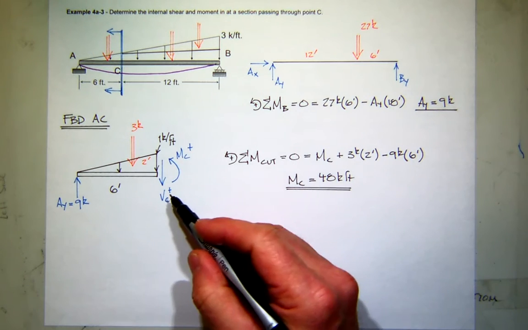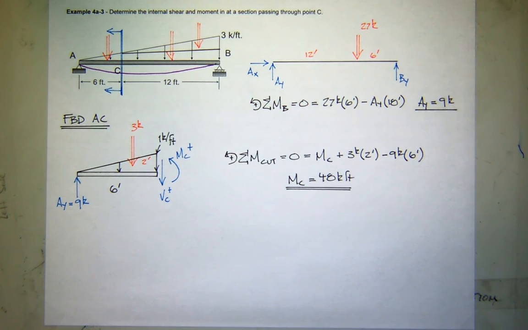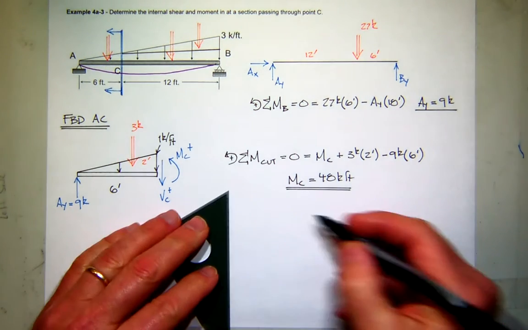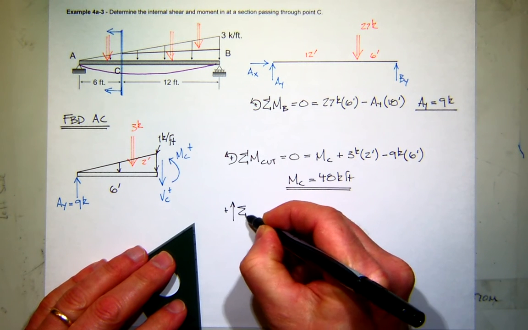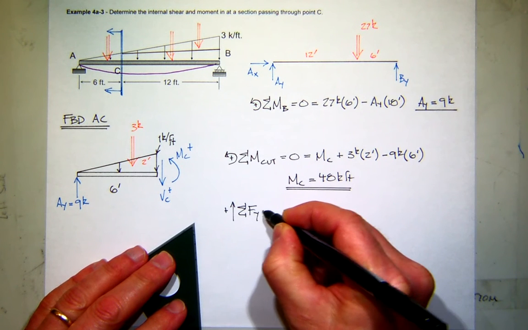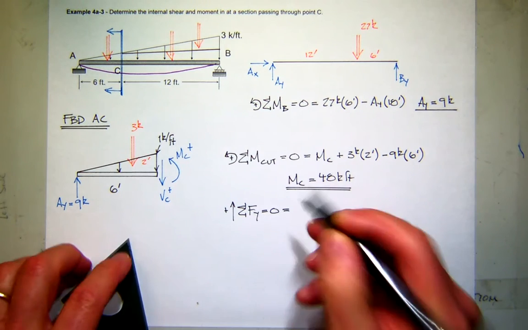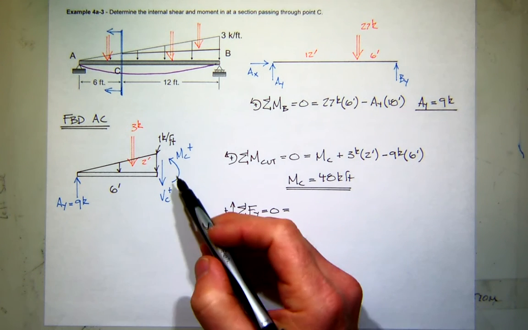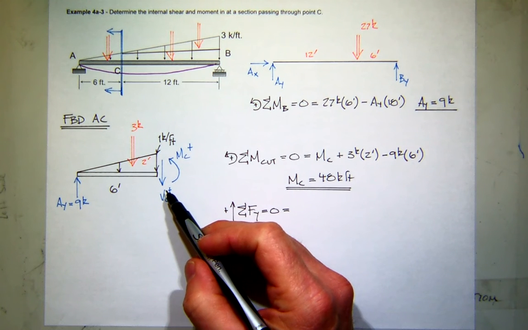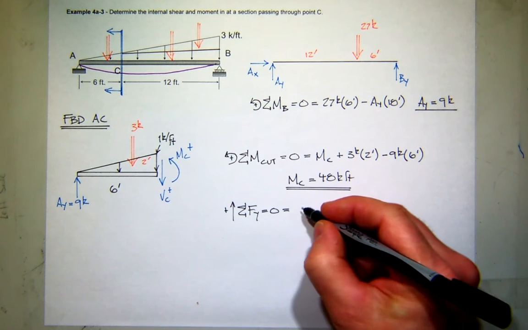So how do we find the shear force? Well, it's in the y direction, so we should sum forces in the y direction. Now, I'm going to sum forces in the y direction and assume that up is positive. So that means this shear force, when I sum forces, is what? Negative.